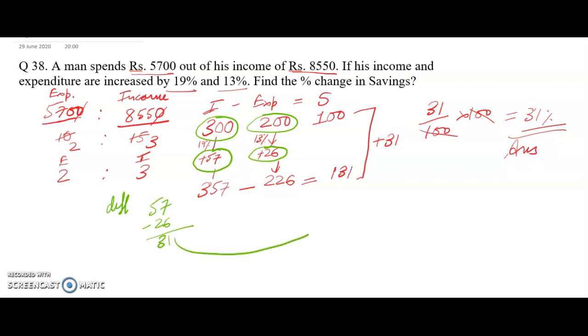Now this 31, you can see, is the difference in savings. That means this much has been increased directly. So we can directly say the percentage change in savings will be 31 divided by 100 into 100, and this will give us 31%. So you can use this concept directly. It will save some time for you in exam.